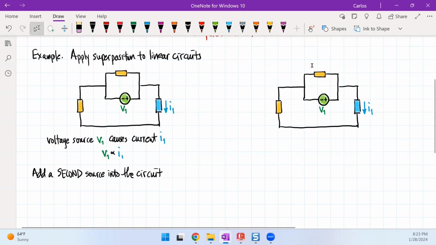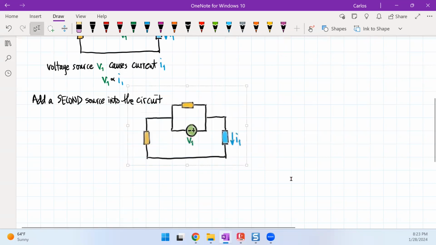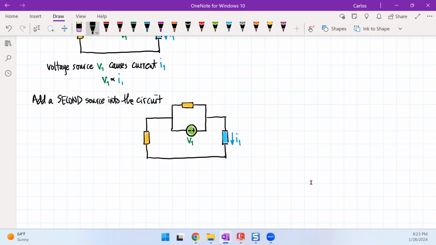So now what does this circuit look like? We're just going to randomly add a source anywhere we feel like. Let's say I have another element here that I've added. Again, this is just some arbitrary element. And now I have my second voltage source that's going to look something like this.